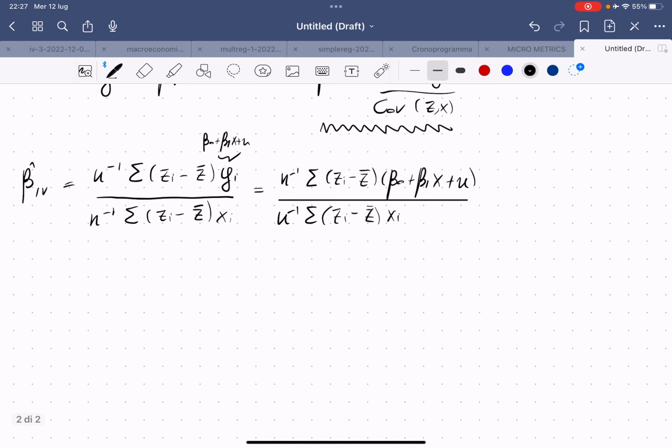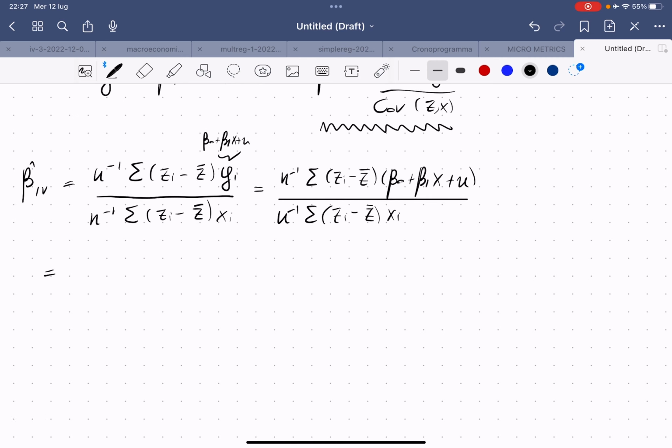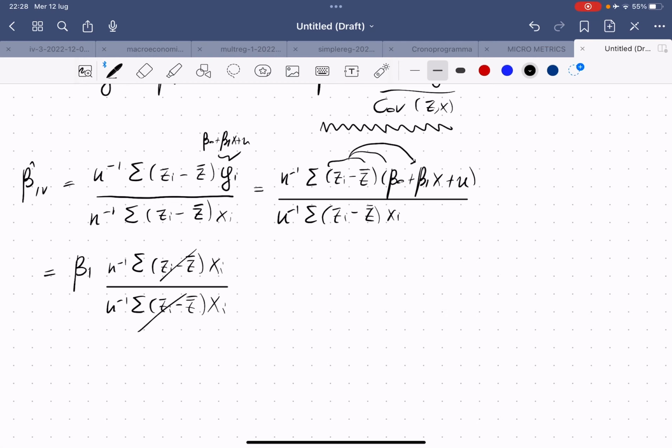Then the sum of the product with beta 0 will be 0, so we go directly to this. Then we notice that this will be equal to beta 1 times n to the power of minus 1 times the sum of Zi minus Z bar Xi, divided by n to the power of minus 1 times the sum of Zi minus Z bar times Xi. So those simplify out.